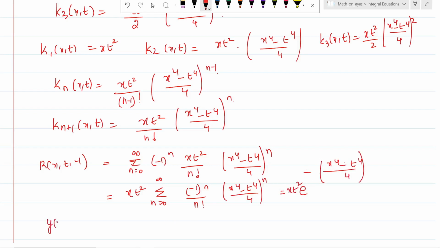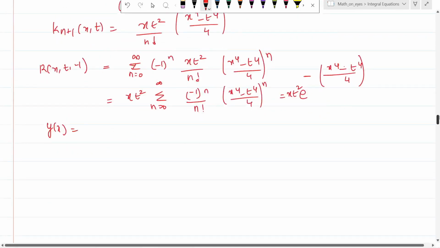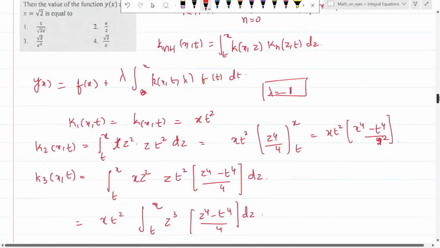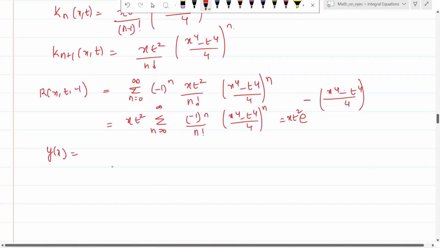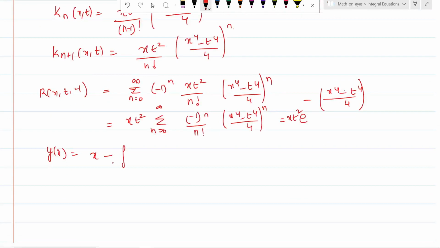So what is our function? Y of x is equal to f of x. The question we have, f of x is equal to x. So we have x here, x minus integral, the limit is from 0 to x. Our resolvent kernel is xt squared into e to the power minus of x power 4 minus t power 4 divided by 4 into f of t dt.